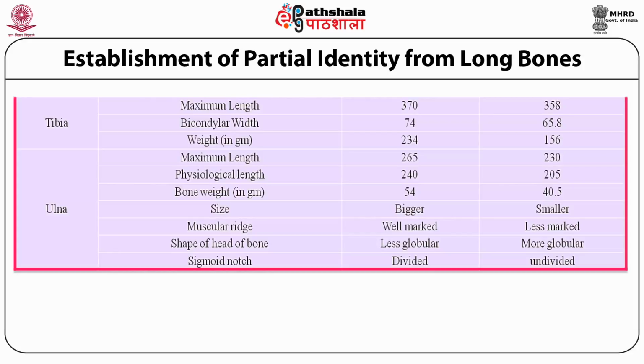The weight of the tibia is 234 grams in males and 156 grams in females. The size of the ulna is bigger in males and smaller in females.